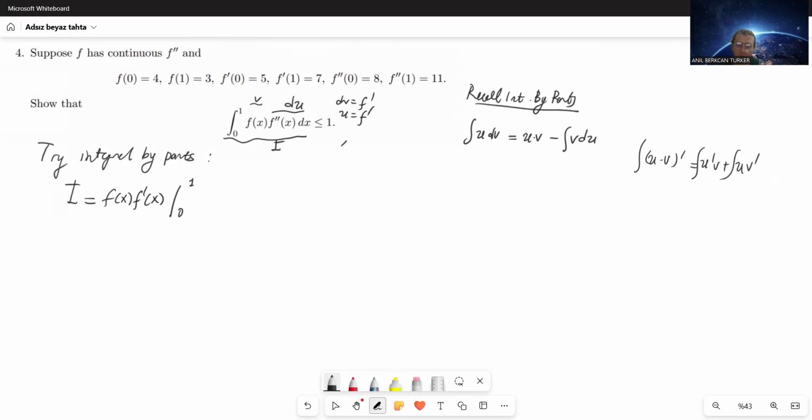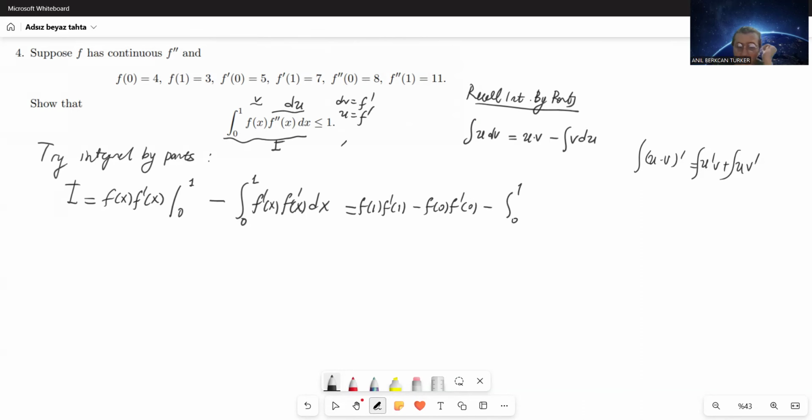Minus the integral from 0 to 1, just applying integration by parts, of f prime x times f prime x dx, because dv becomes f prime and u becomes f prime. Just evaluate at this point: f(1) f prime(1) minus f(0) f prime(0) minus the integral from 0 to 1.